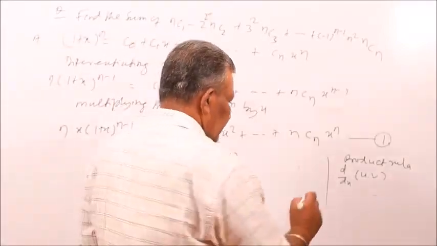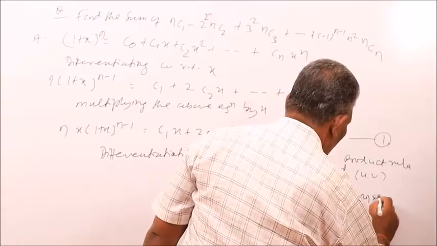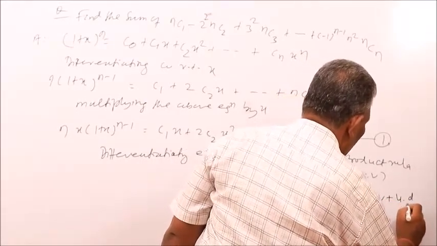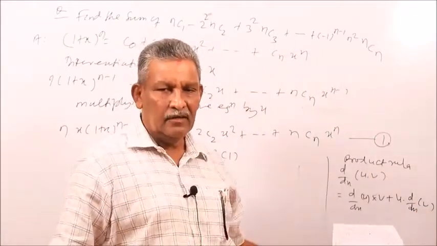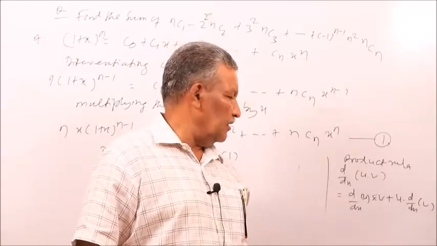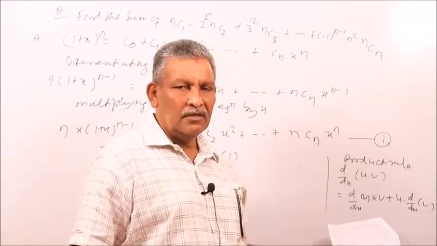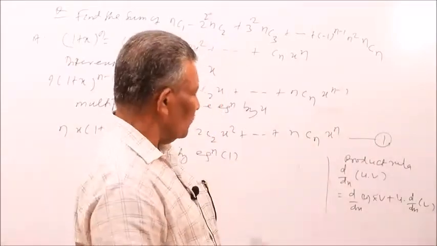You can write d by dx of u into v plus u into d by dx of v. That is derivative of first term into second, while finding the derivative of first term you have to keep the second term as a constant, plus first term, keeping first term constant, derivative of second term. So this is your product rule.